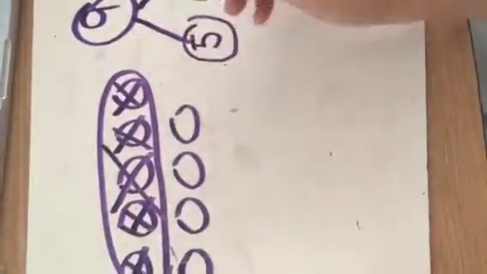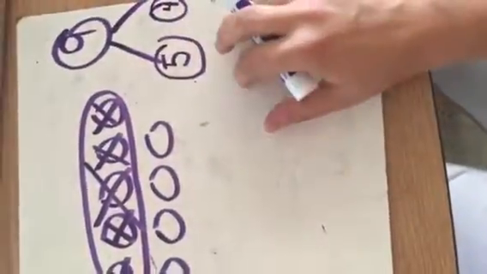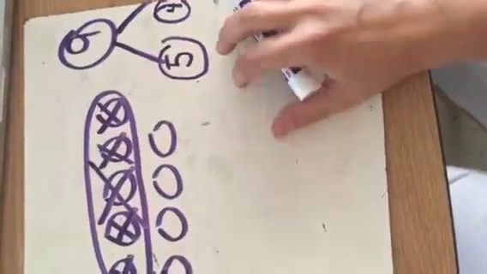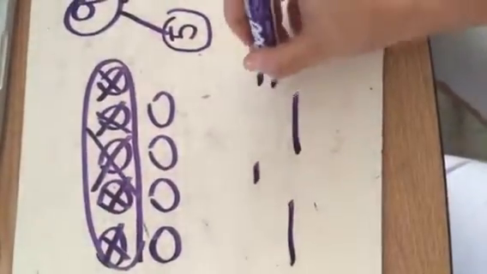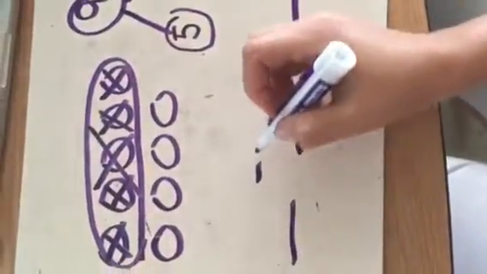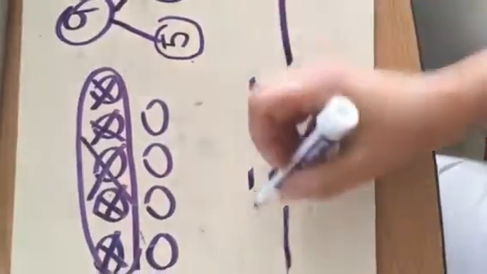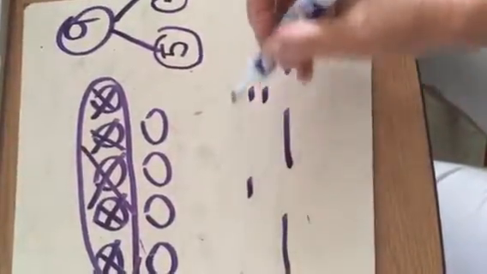Now I'm going to take my picture and my number bond and make a subtraction sentence. Remember, when I make a subtraction sentence, it's the whole number, and then it shows how many you take away and how many are left. So go ahead and see if you can pause your video and fill out your subtraction sentence.